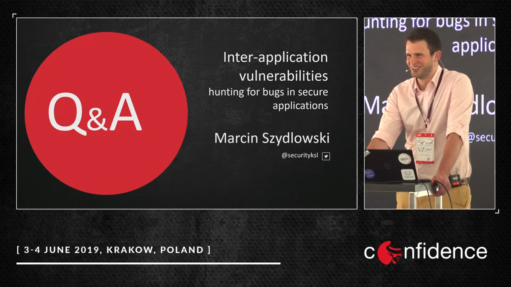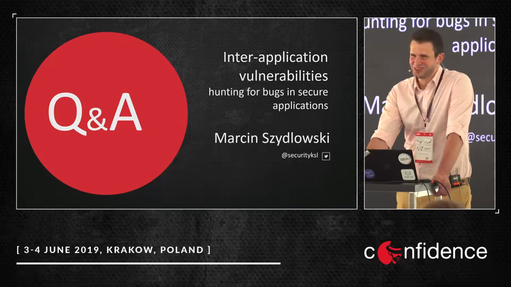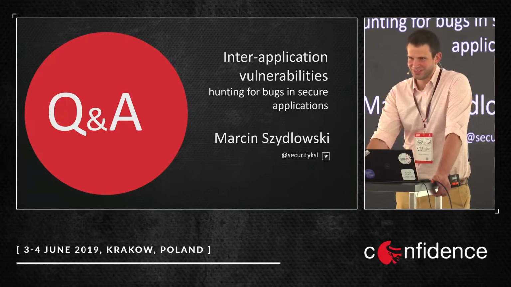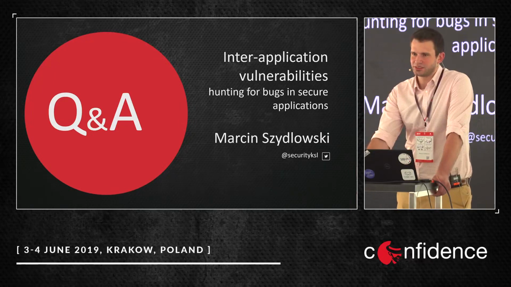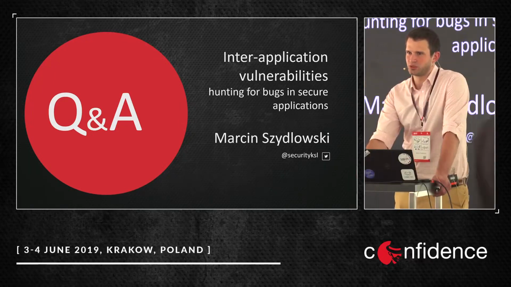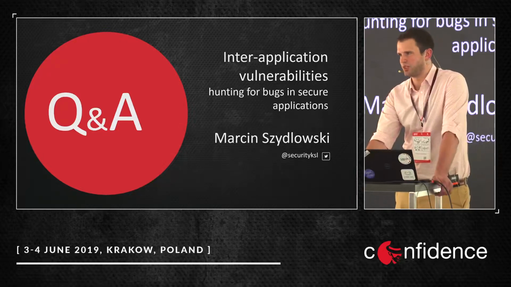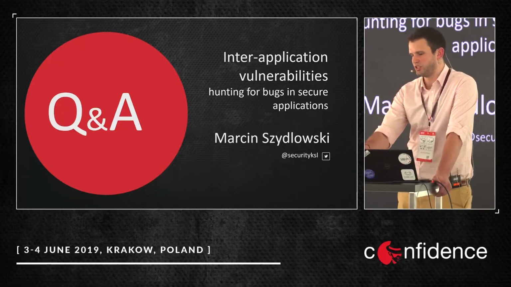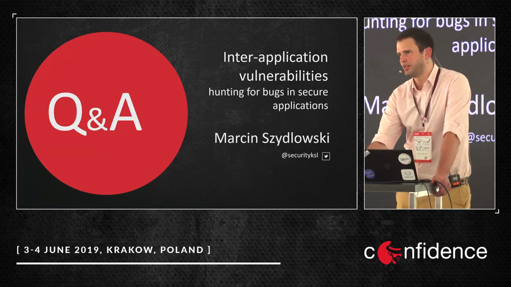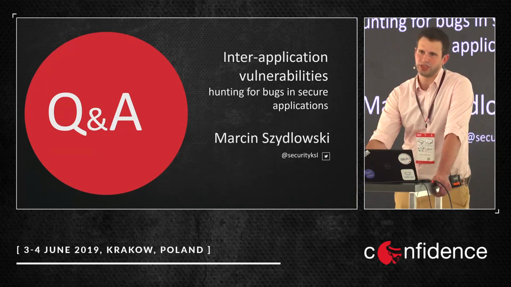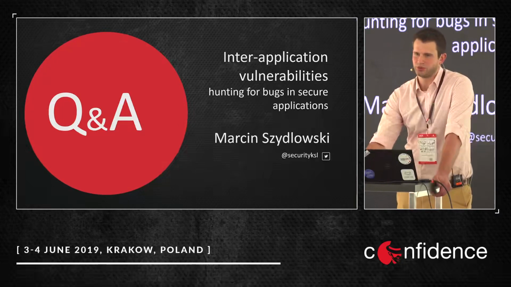How about mobile apps? Have you found any inter-application vulnerabilities with mobile apps? Yes, the thing is that I'm not working on mobile apps a lot, but I believe that pretty much the same concepts might be used here. For example, if you can initiate some process using your mobile app and complete it using your web application, it's probably the very same case.